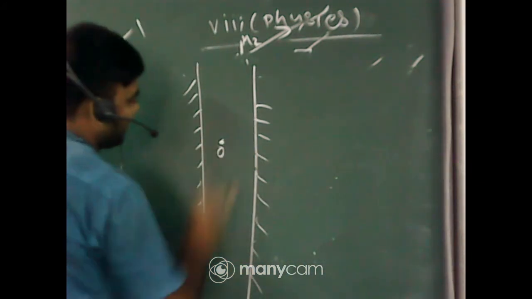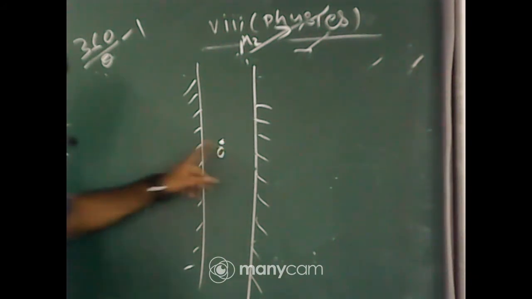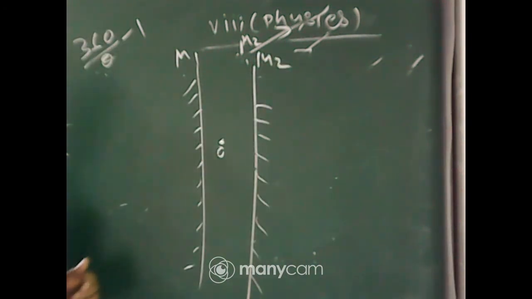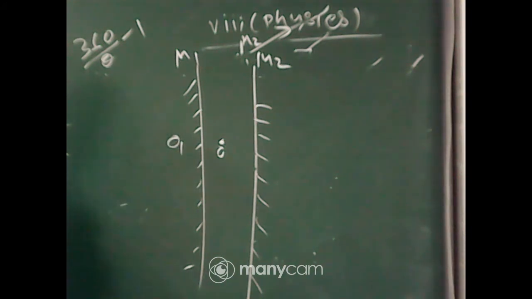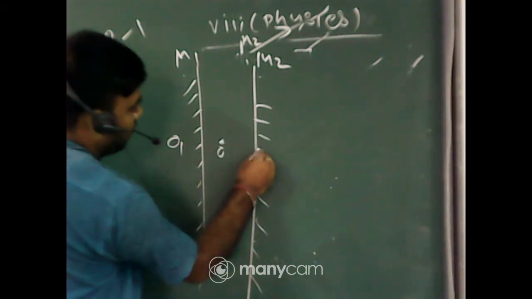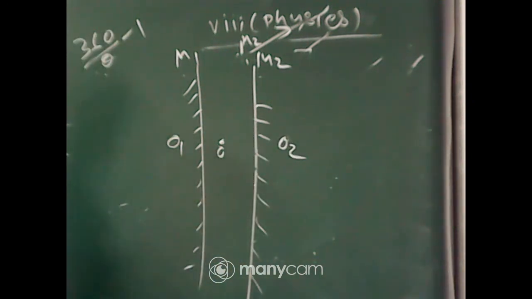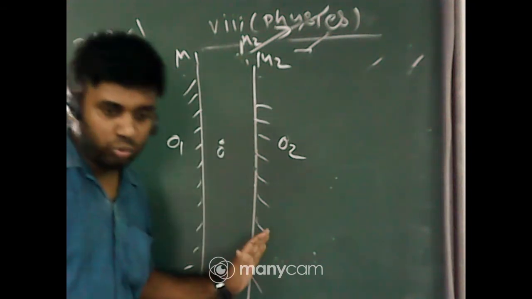So one object is here. That object will form an image on M1, that image is O1. And that object will form another image on M2, that is O2. Got it, everyone? Now, just think that O1 is in front of M2.